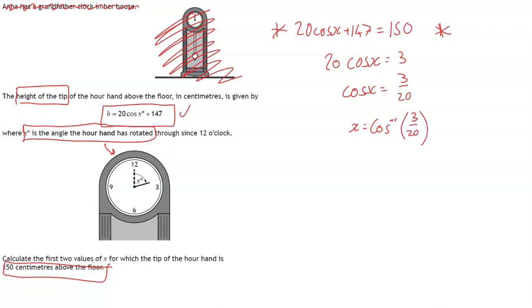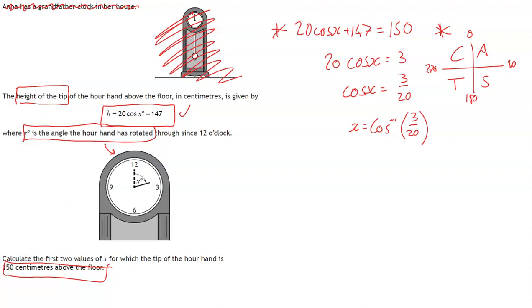Now, at this point, we use the CAST diagram in order to find solutions. Because if you remember, it says two values, and we're always going to get two values for a trig equation between 0 and 360. And I know it's 0 to 360 because a full turn of the hands on the clock is 360 degrees. So if we've got our CAST diagram like that, I know cos x is positive.